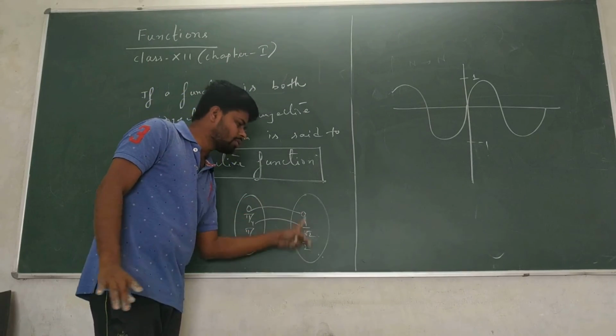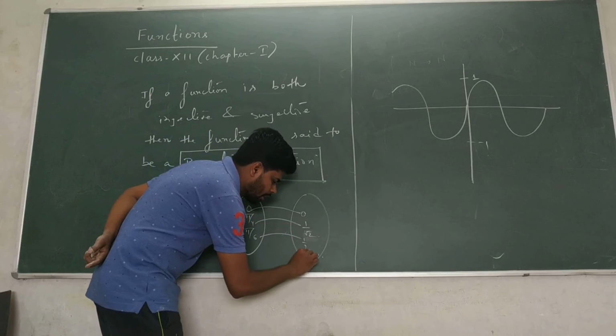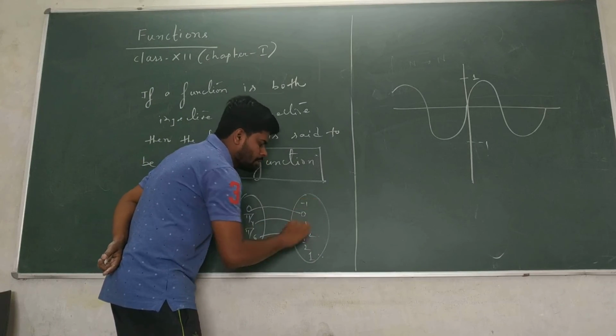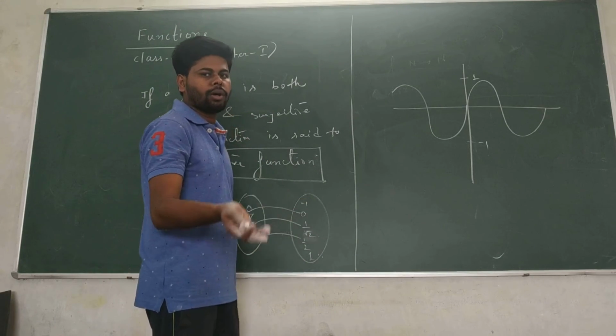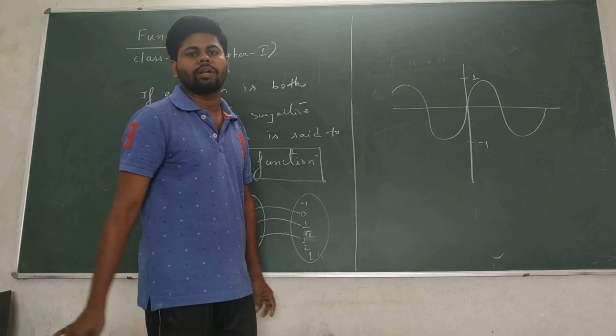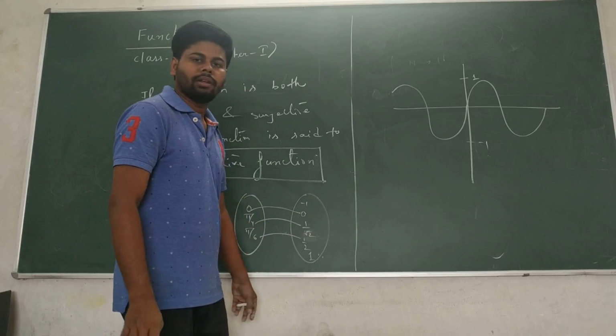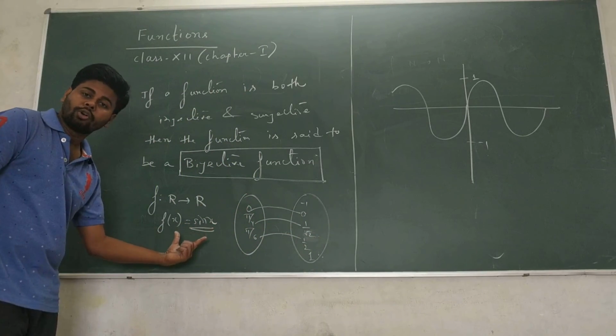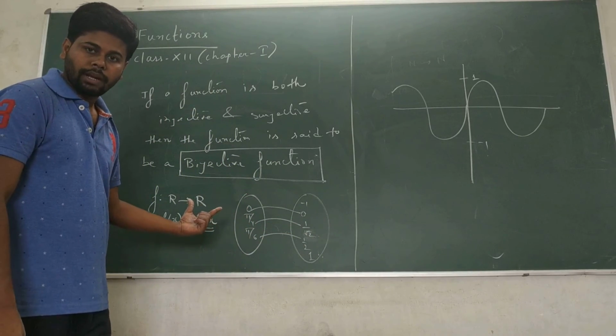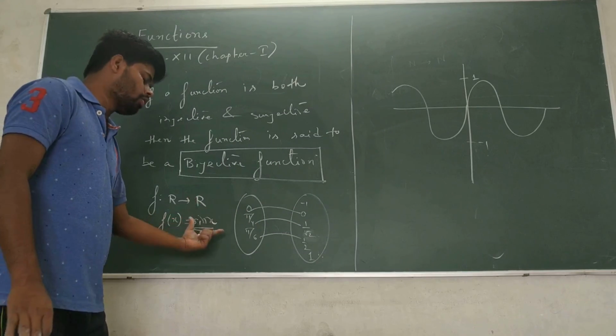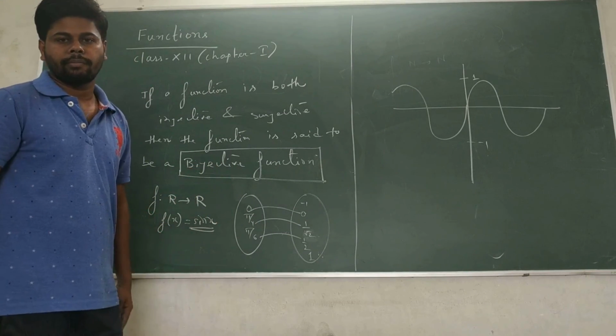Similarly, many elements will be left out because the highest value can be 1 and the lowest value can be -1. What about the element after 1 and the element less than -1? So there are many elements left out in the codomain. So this function is not 1-1. Yes or no? It is not 1-1 and it is not onto. So it is not bijective.